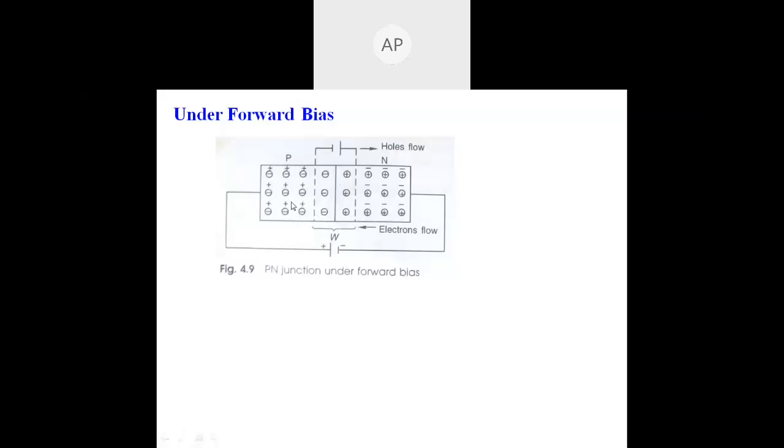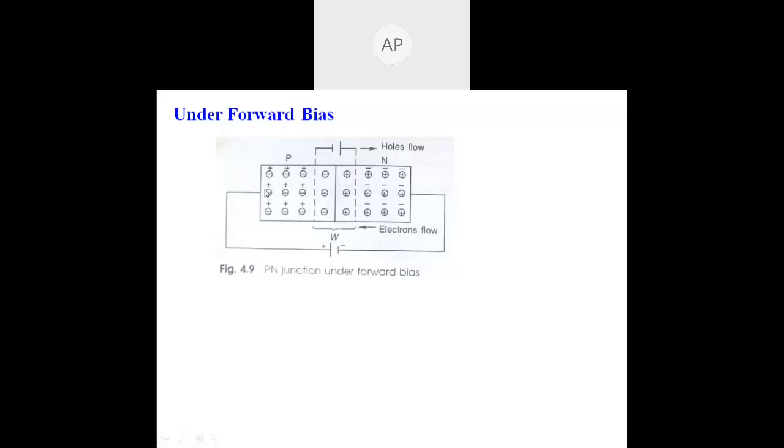If we apply the external voltage, these negative ions will combine with the additional positive ions and disappear, so few of the recombinations do not take place. So finally, this width, which was larger in the no bias position, is reduced.